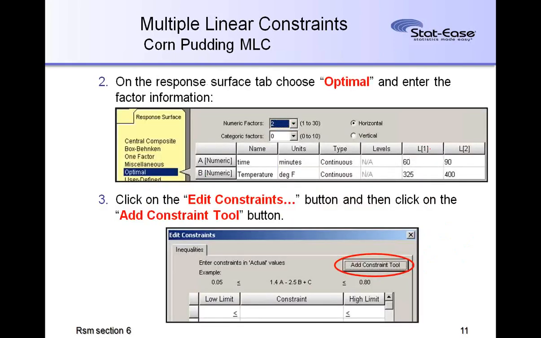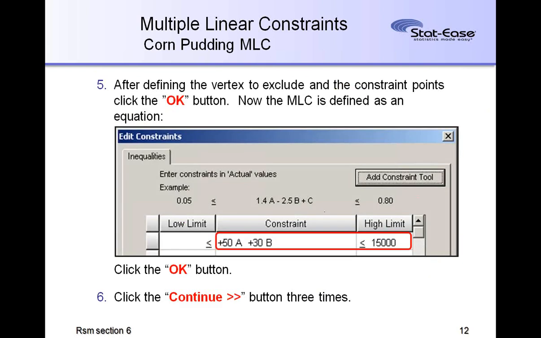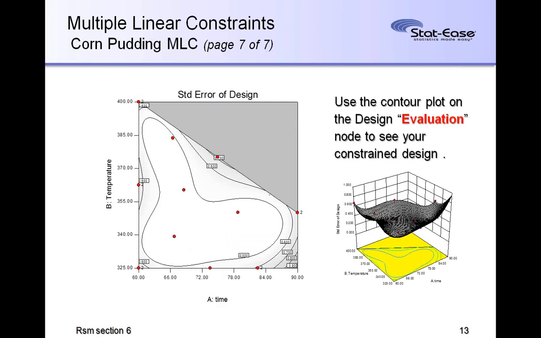So you click on this Add a Constraint tool right here, and then you will get this equation. We just implemented that, I believe, in version 8, and it saves us from doing all the math or algebra to calculate this equation. You just put in the vertex and the limits, and then it will spit out this equation for you.